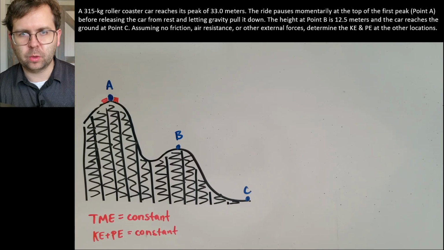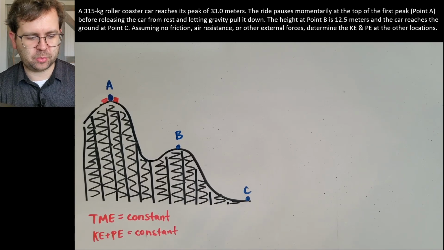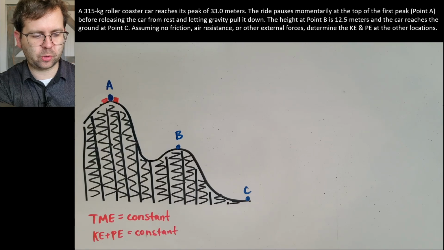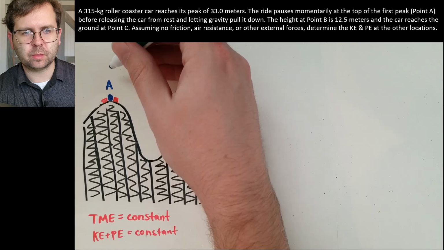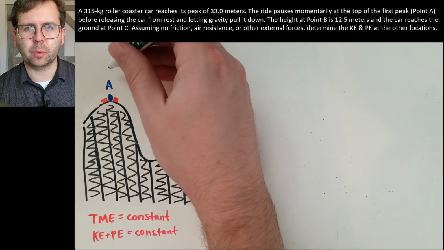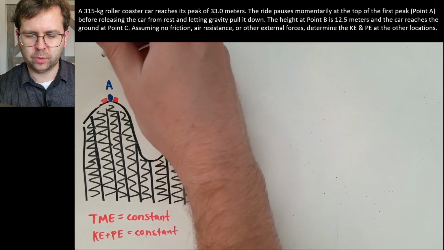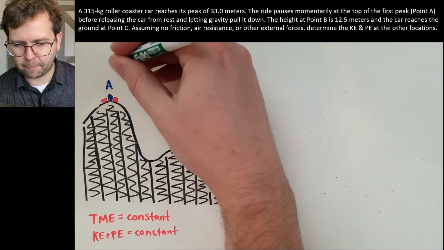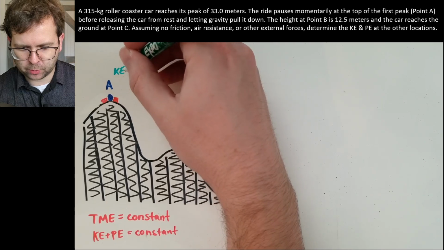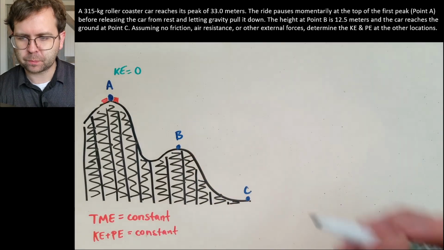Now we already know some facts about the kinetic and potential energy here, even before we get started. It said at the top of the ride that the car paused for just a moment and then it was released from rest. So we know right off the top that the kinetic energy of the car at point A is 0.